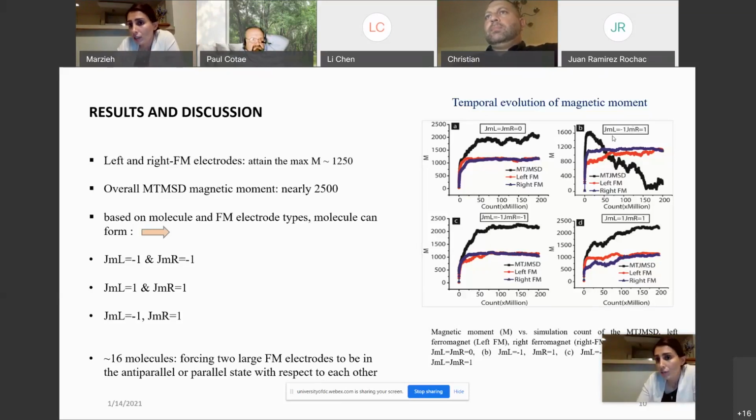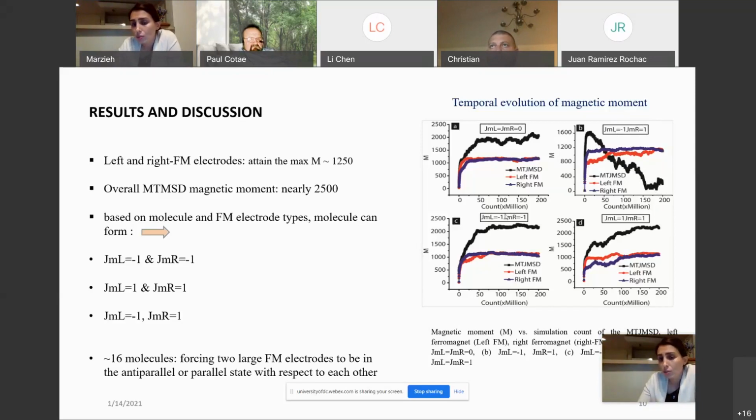When we have JML negative, an antiferromagnetic coupling with one electrode, and ferromagnetic coupling with the other electrode, we see that the left and right electrode magnetizations cancel each other out over time, and the total device magnetization approaches 0. So the total device magnetic moment is nullified when we have antiferromagnetic coupling on one side and ferromagnetic on the other side.